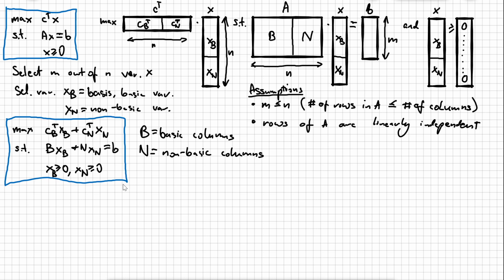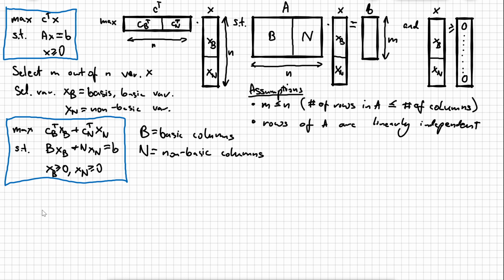Similarly, of course, we split vector c into cB and cN. I'm not going to write these details just to save time and space. And so this is a visualization. And remember, this visualization assumes I reordered the decision variables and the columns and the cost coefficients such that the first M out of N are the variables that we selected as bases, or the columns that we selected as basic columns. So this is the first step.